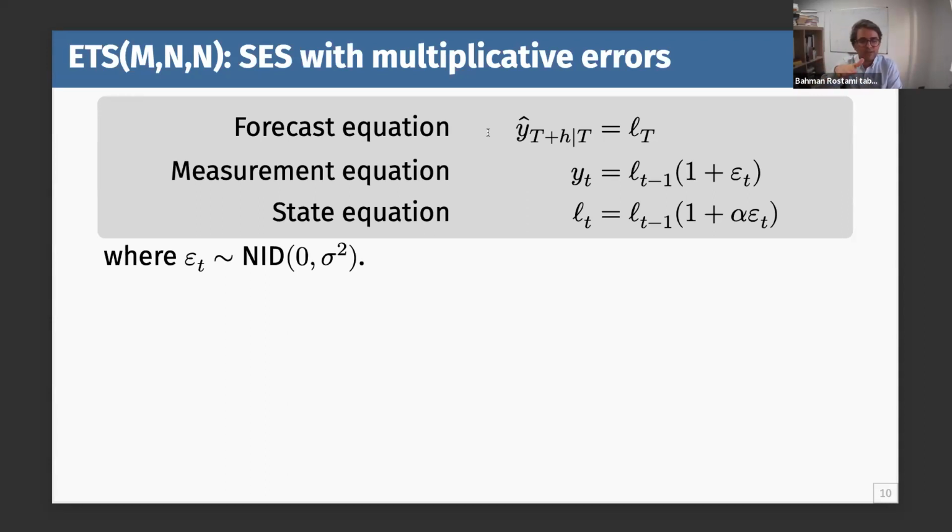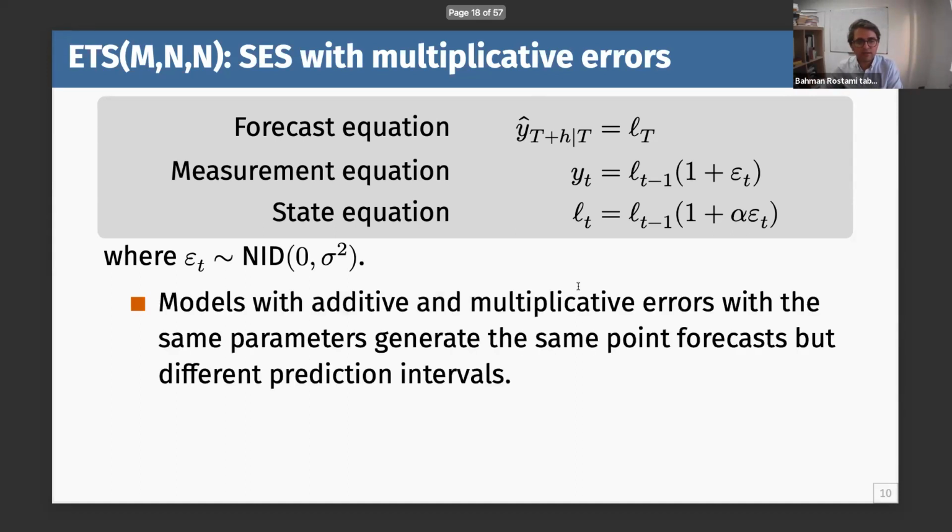If alpha is very small, the fitted line that we get is very, very smooth. So these two models can capture level, but no trend and seasonality.